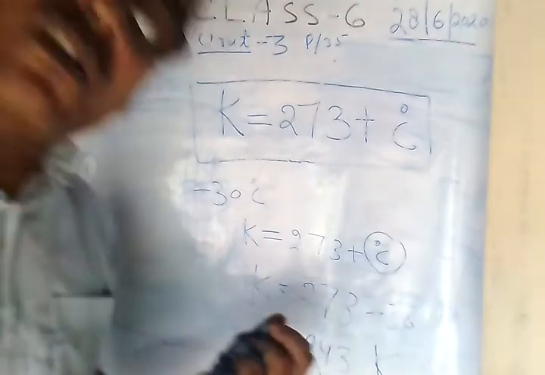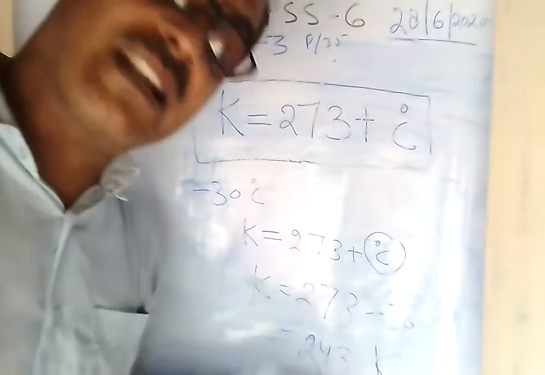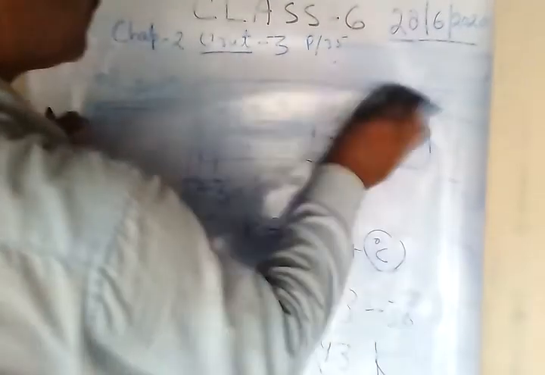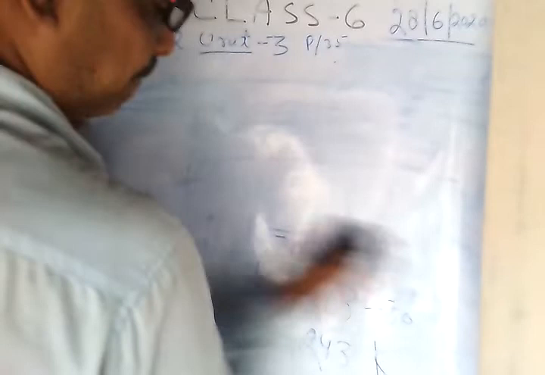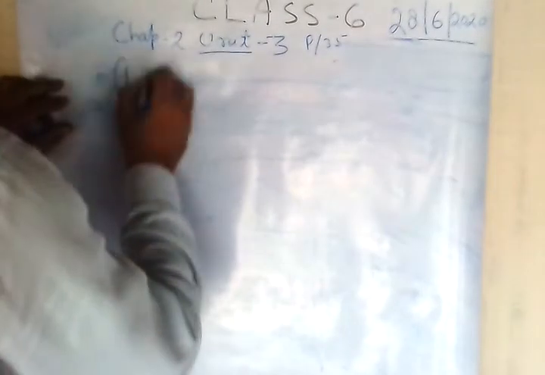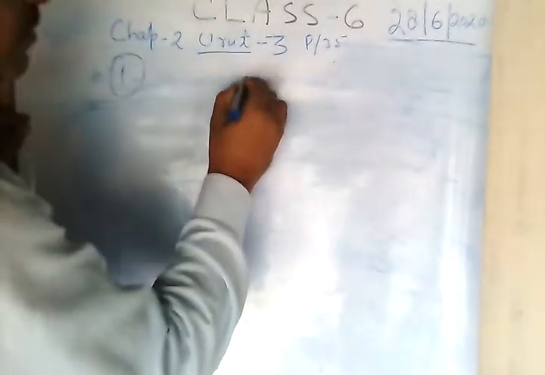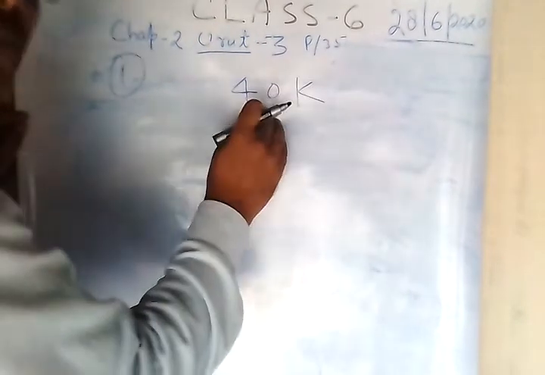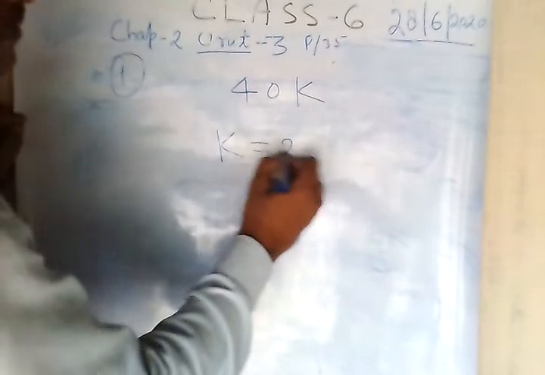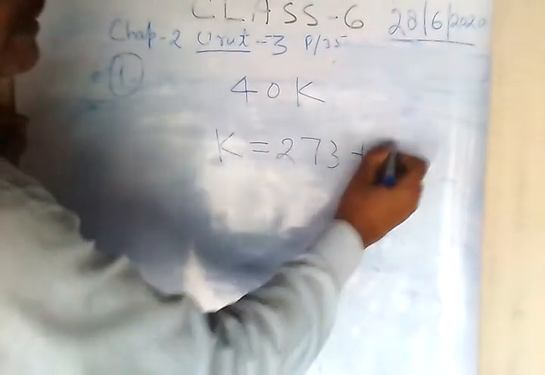Similarly, we can convert the Kelvin scale into degrees Celsius. How? See here. The first example is 40 Kelvin. 40 Kelvin is given and we convert it into degrees Celsius. So write the formula. K is equal to 273 plus degree centigrade.